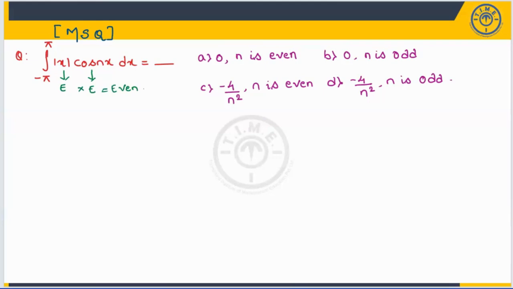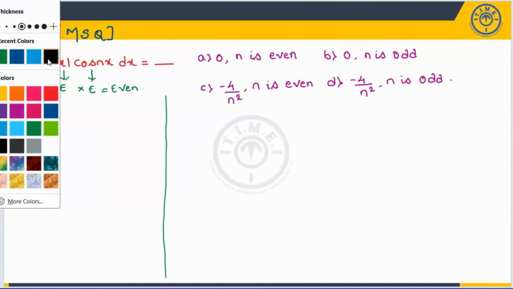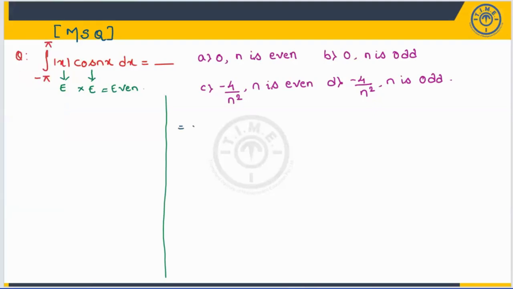Now as it is an even function, according to the property, it will be 2 times the integral from 0 to pi. From 0, for x greater than 0, mod x will be positive, so x cos nx dx.